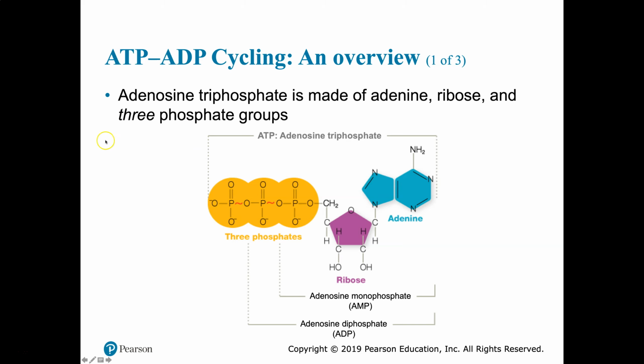It just floats away. We call that an inorganic phosphate that floats away. This bond that is broken releases a ton of energy to be used to power the movement of the substance via active transport through the membrane protein.